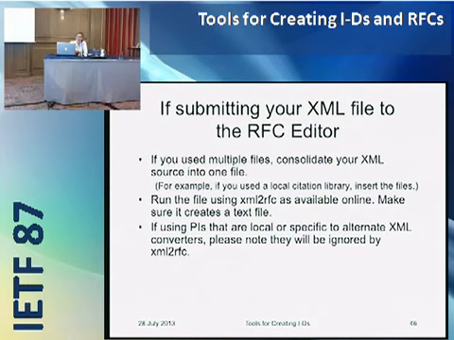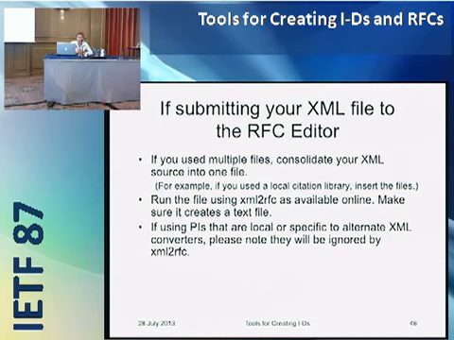And if you do get to the point where your internet draft is approved, if you used multiple files, some people divide their XML up into multiple files, then consolidate, or they make their own citation library. Consolidate into one file and run the file with XML to RFC as it's available in the online converter.